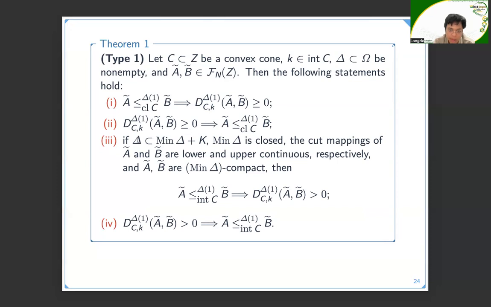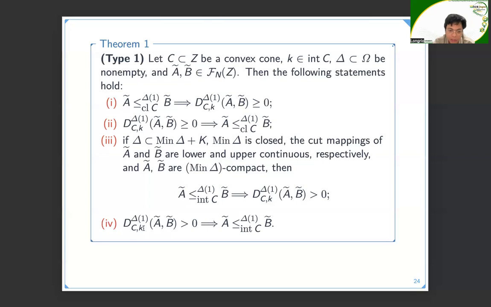For the strict type, adding some assumptions here, we have this one implying a positive difference evaluation function. The converse is true without needing any additional assumptions.